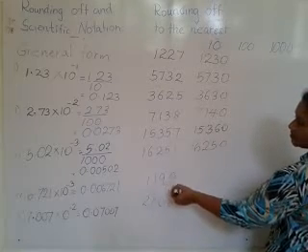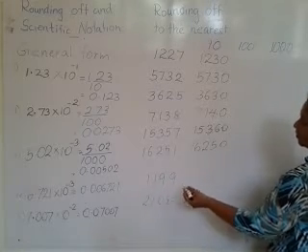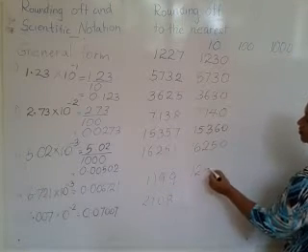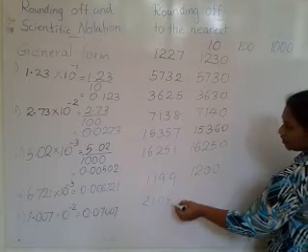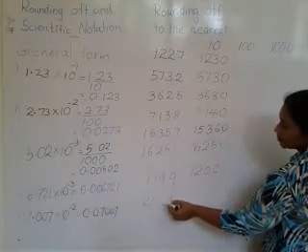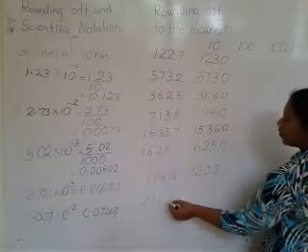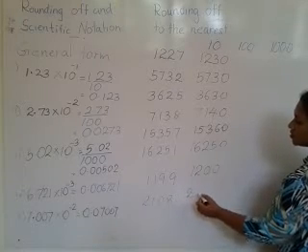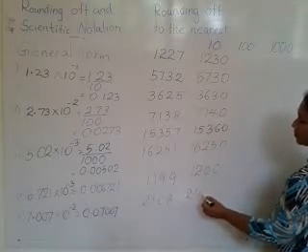Here 1,199 is closer to, yes, 1,200. And here 2108, so it is closer to 0 or 10? 10 is closer, so 2,110.